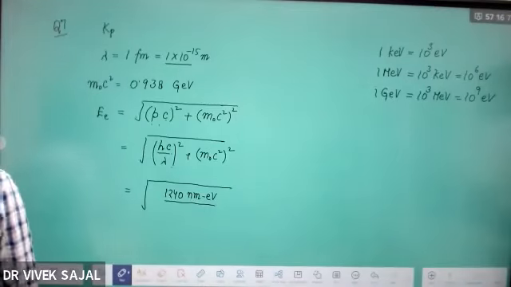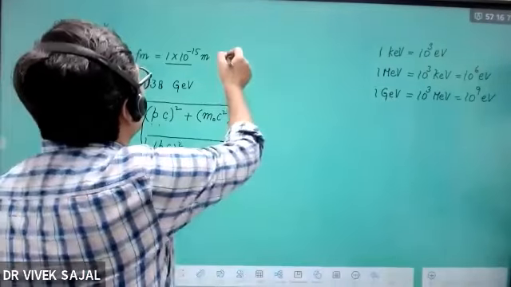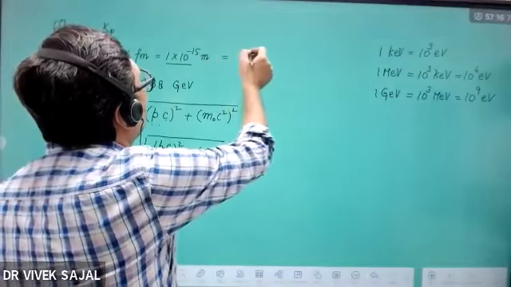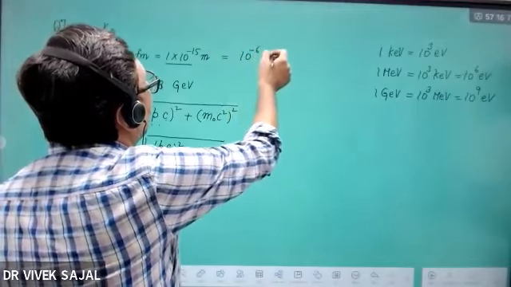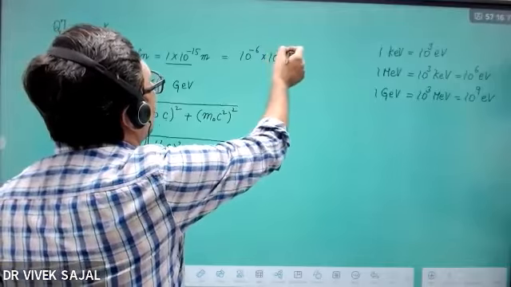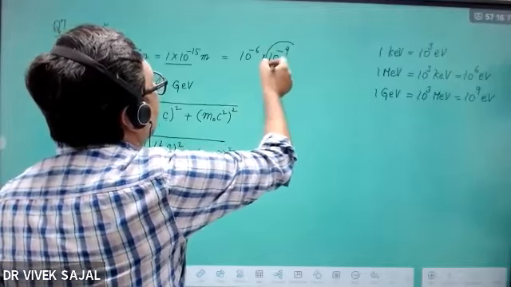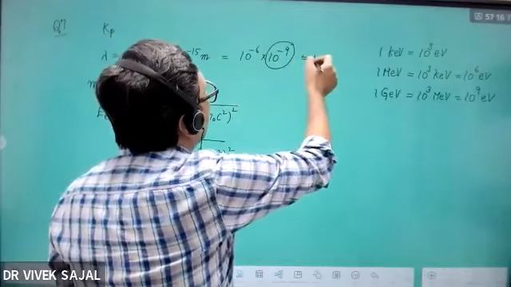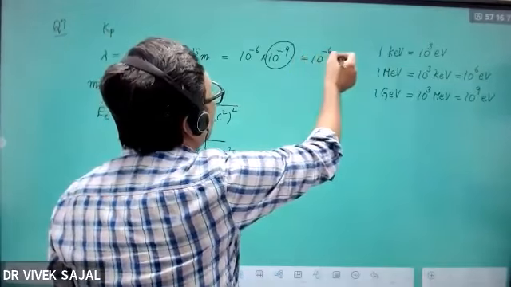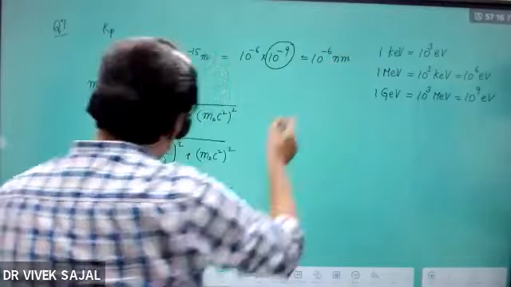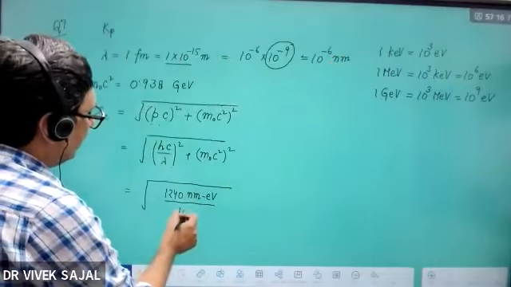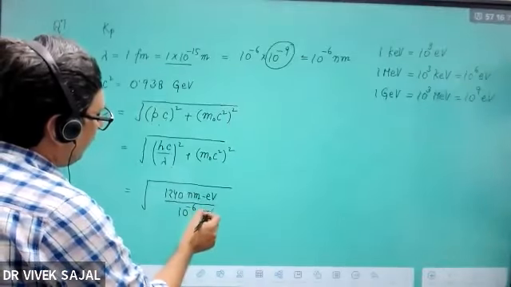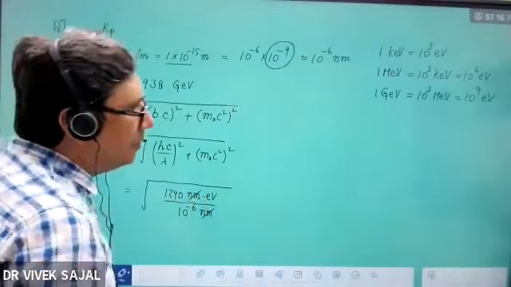You can write 10 to the power minus 6 into 10 to the power minus 9, which represents nanometer. So replace here 10 to the power minus 6 nanometer, and this will cancel out.